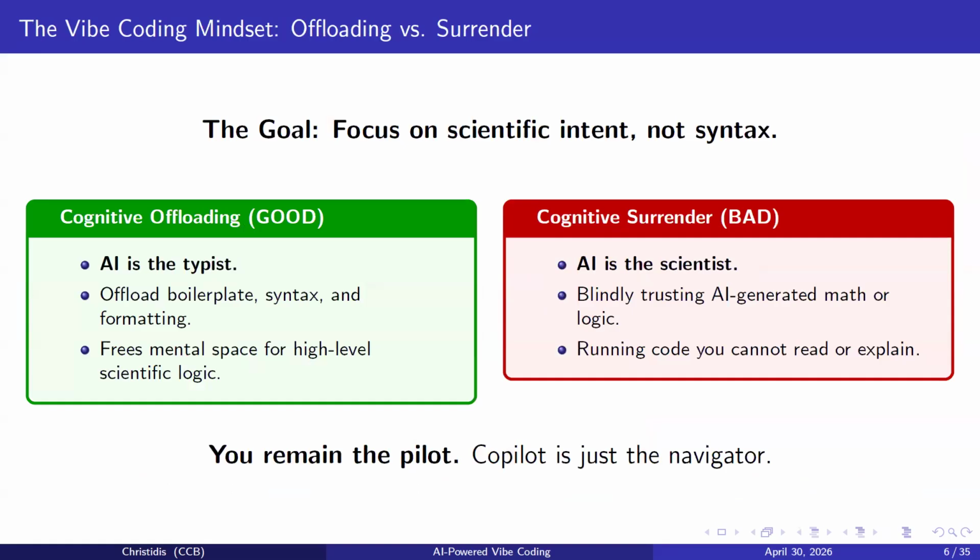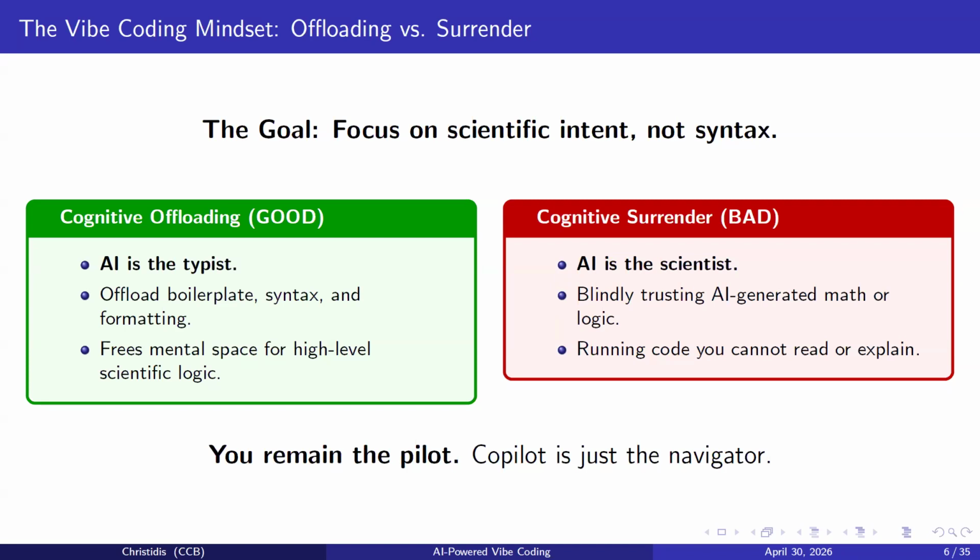So again, this is something that Ludwig pointed me to, which is a way to think about incorporating AI into coding. So cognitive offloading, which is good. There's a couple papers that came out in the literature about this. So you should think of AI as the typist. Again, just launch or prototype your ideas super quickly. And then what is bad, which is cognitive surrender, is when you think of the AI as the scientist, or just trusting anything that the AI generates, including math or logic.